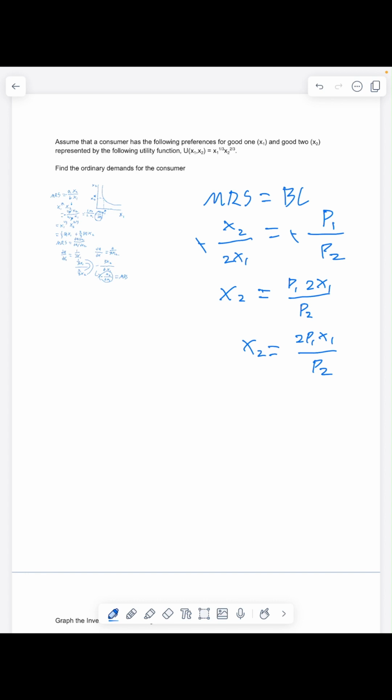Then when we plug this into our budget equation, we're going to get m equals p1 x1 plus p2 x2. And we have our x2 here, right? So all we need to do now is plug that in for our variable.